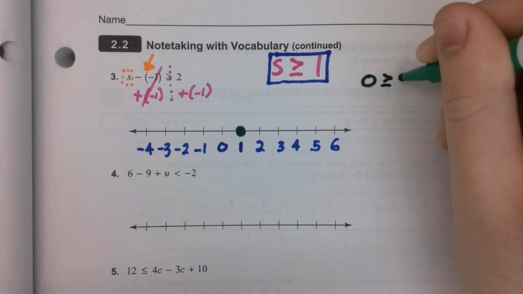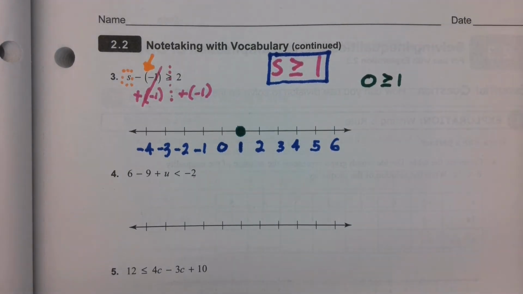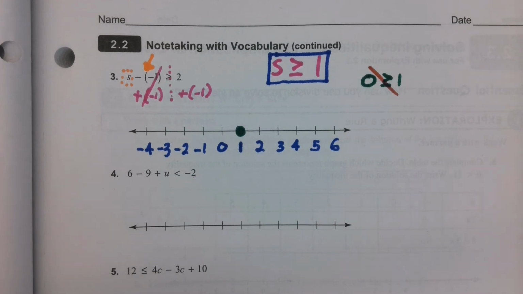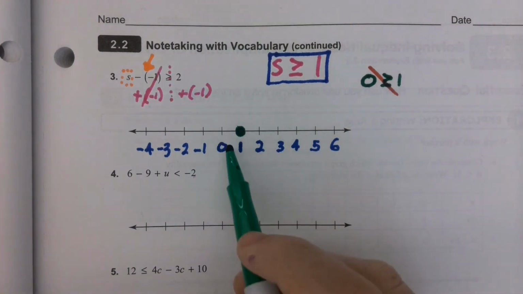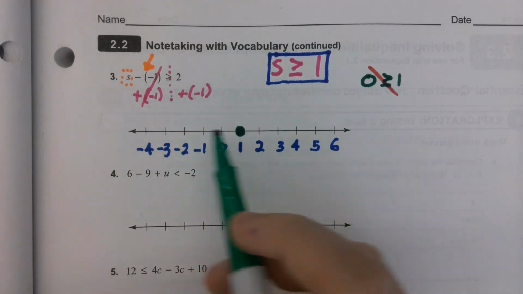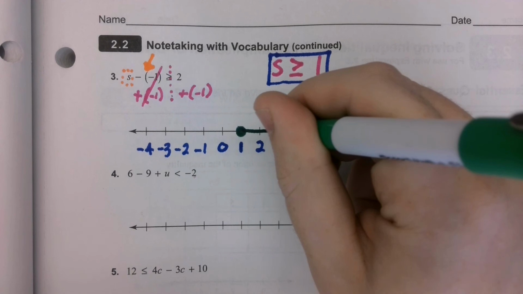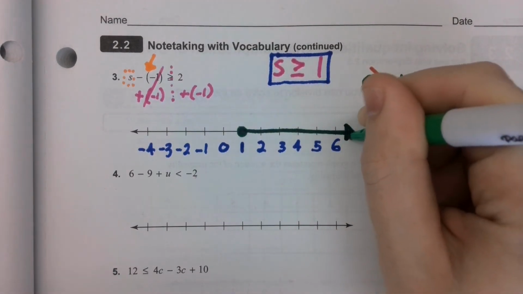If we plug in 0, we get 0 is greater than or equal to 1. Is that true? Well, no, 0 is not greater than or equal to 1. It's less than 1. So our arrow is not going to point in the direction that'll cover 0. 0 is on the left, so our arrow must point the other way, to the right.